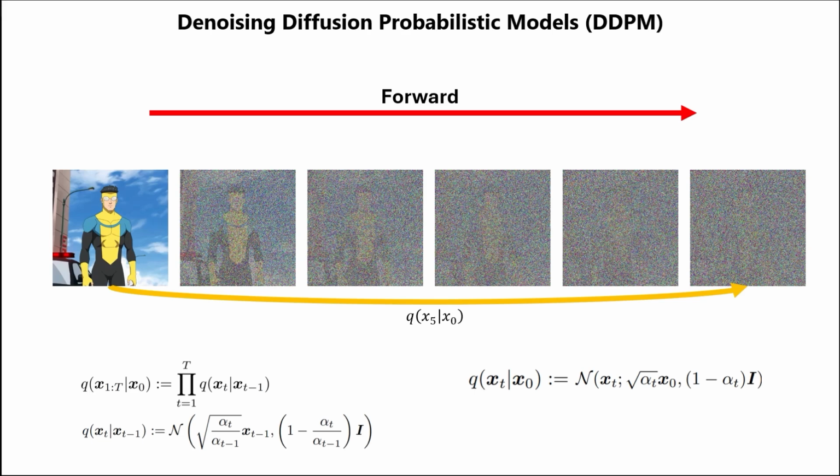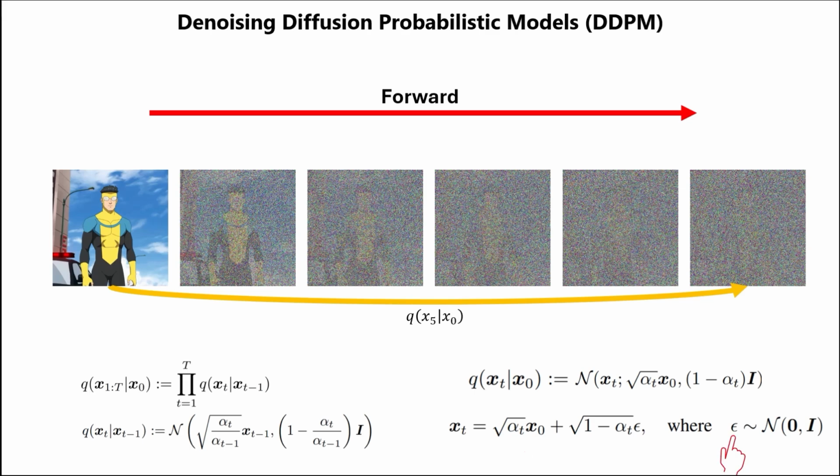But this formula of denoting x_t by a normal distribution is not straightforward to implement, so they use something called a reparameterization trick, and we can denote the same formula this way. We start from x0 and multiply by a coefficient that is a value between 0 and 1, so it makes x0 smaller.